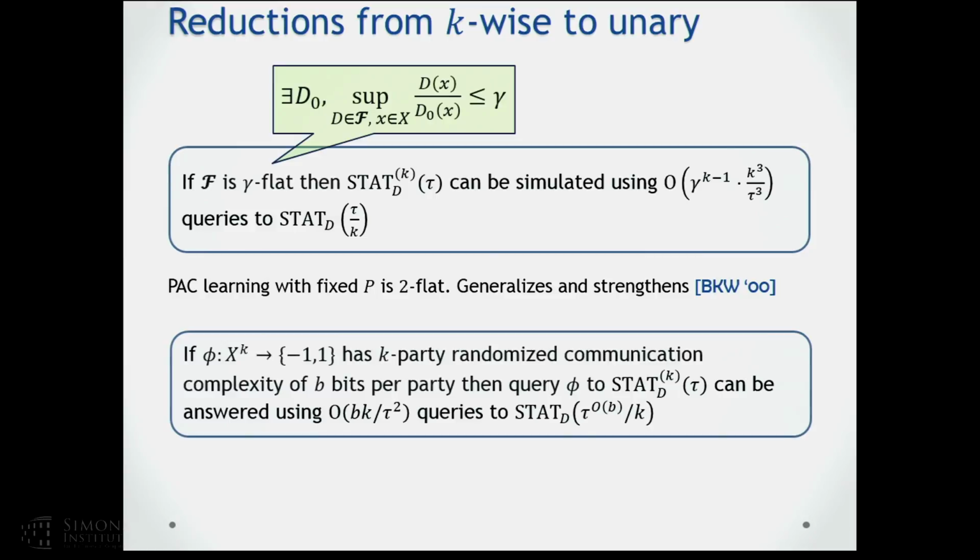So the second reduction that we showed exploits the simplicity of the query function itself. If a query function has k-party randomized communication complexity of at most b bits per party, then that specific query can be simulated using a small number of queries, but of tolerance which shrinks exponentially with the number of bits that are needed.